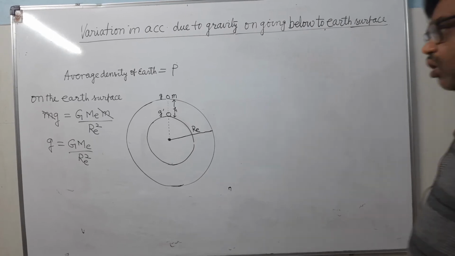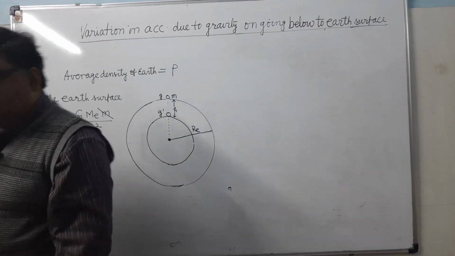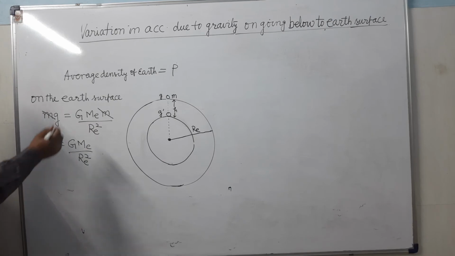It will be 4/3 into pi into Re cube into density.